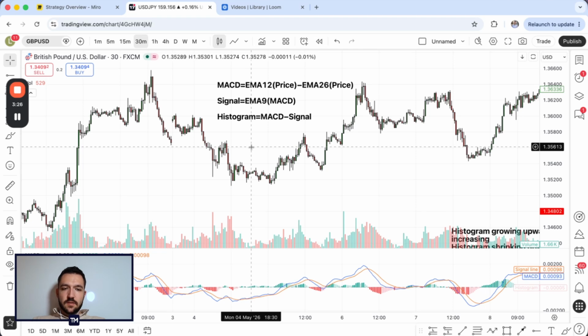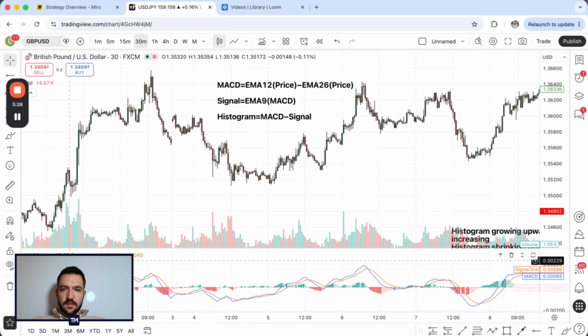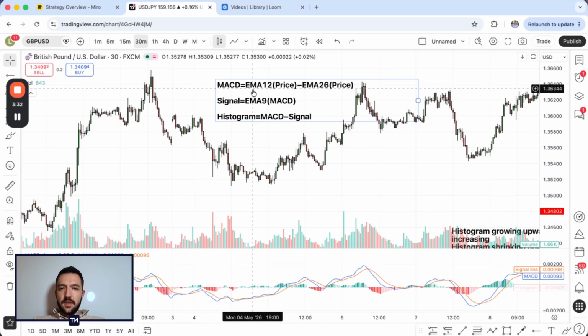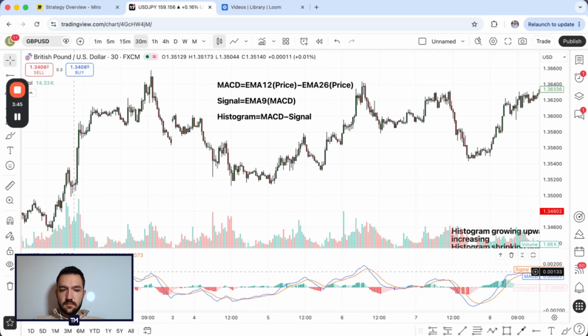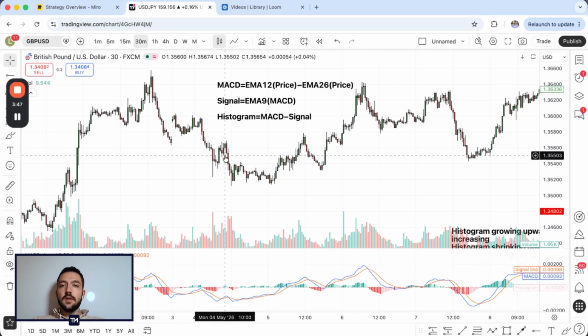Since we have settings 12 and 26, the MACD line is basically EMA 12 minus EMA 26. So if price is going up, obviously the 12 is going to pick that up and it's going to be higher than the 26. So this is going to be positive and this one is going to go up, okay? Or vice versa, it's going to be negative.